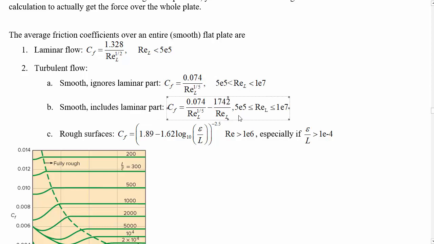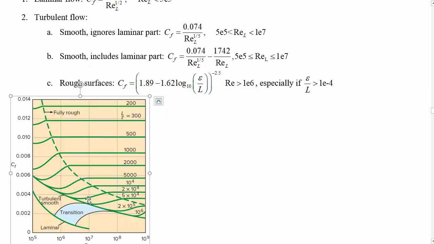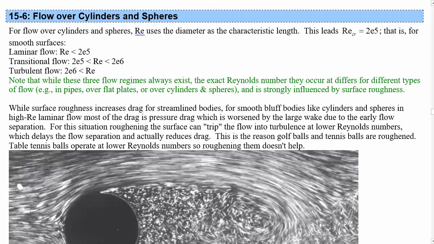This is typically small for large Reynolds numbers. And if it's a rough surface, then you should really be using this formula instead. So you can see that the effective skin friction coefficient is increasing a lot more with extra roughness, like we had for turbulence friction factors back in internal flow.